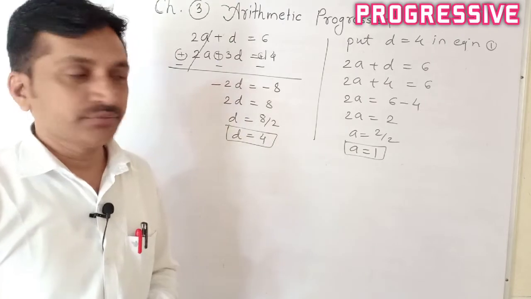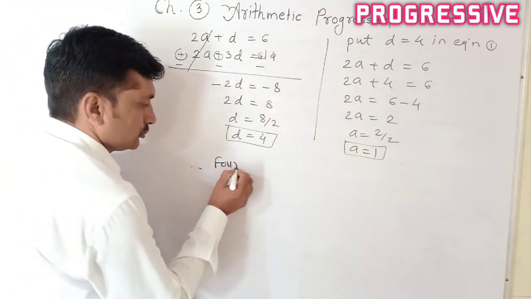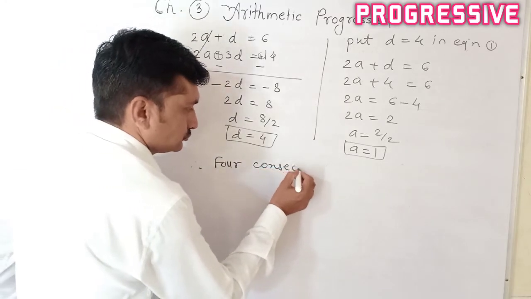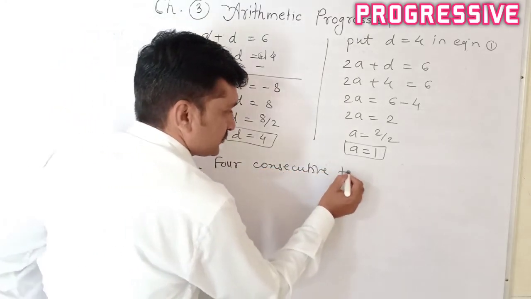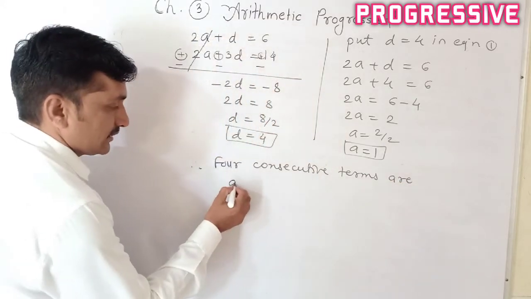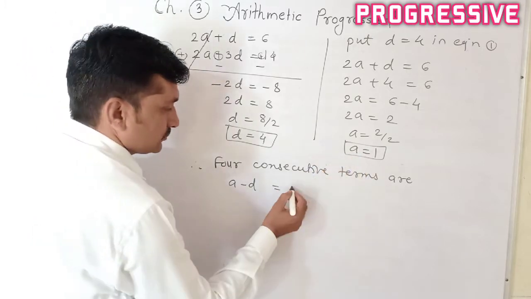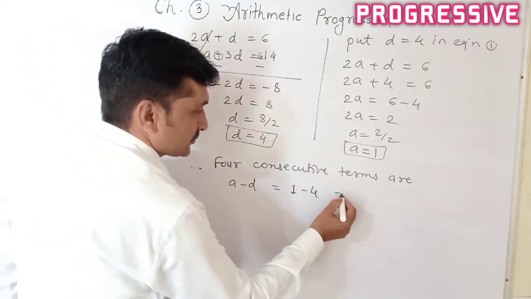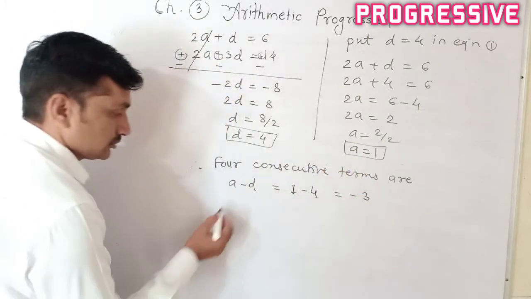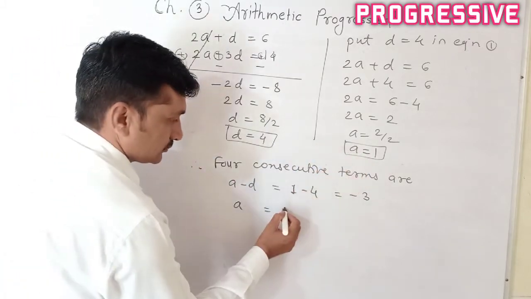Now 4 consecutive terms we have to find. Therefore, the 4 consecutive terms are: first is a minus d, a is 1, 1 minus 4 is equal to minus 3. Second is a is equal to 1.